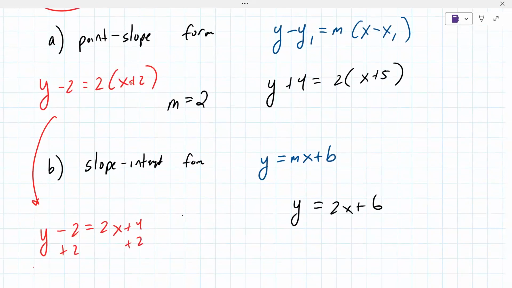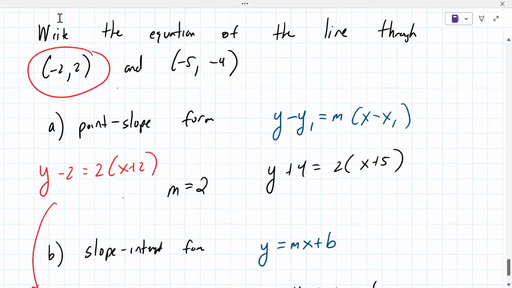Add 2 to both sides, and wouldn't you know it, I get the exact same answer, which is expected. So the point is, it doesn't matter which point you use, you get to choose which one you think will work. Okay. Any questions, thoughts on that?